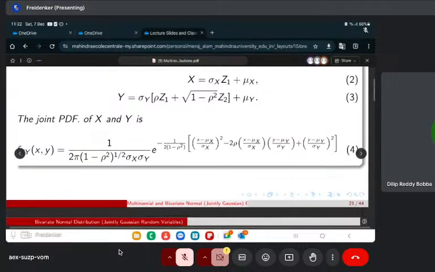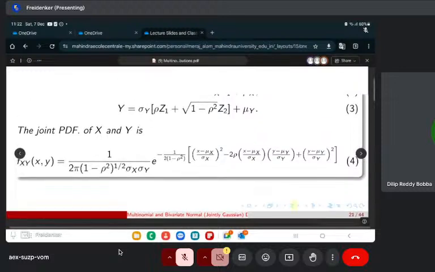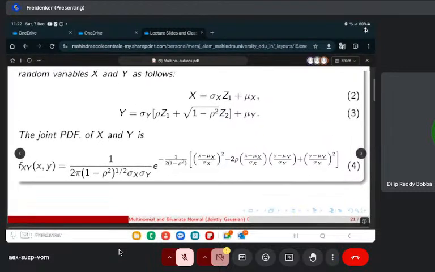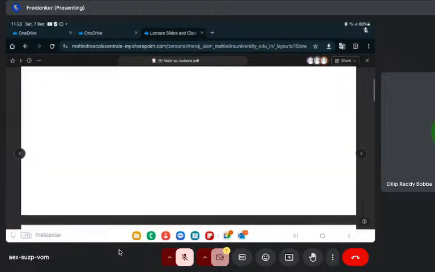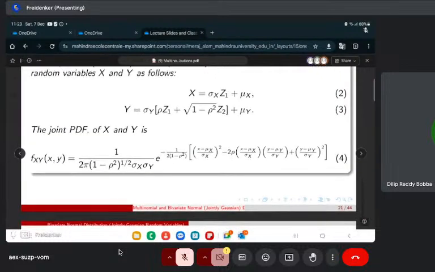There's nothing much to do here. X is there, Y is there. They gave the PDF. We are not deriving what it is. Maybe the interesting part is its properties. We'll see. But just try to keep this in mind. X is sigma x Z1 plus mu x. Y is sigma y times rho Z1 plus under root 1 minus rho squared Z2, plus mu y. Okay.